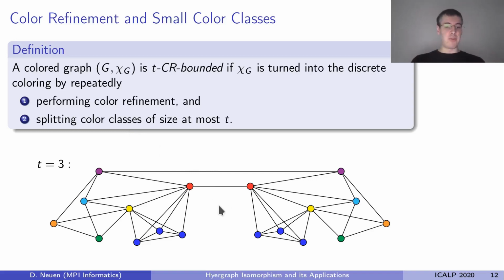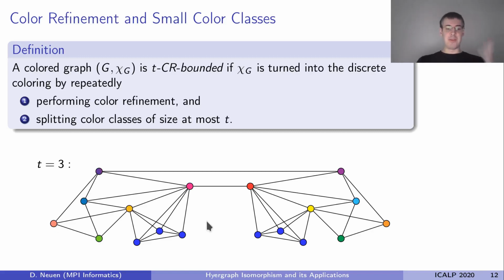This is the example from the previous slide, and we have already seen what the color refinement algorithm does here. This is the coloring that we obtain. So we have applied the first operation, and now we can apply the second operation, splitting color classes of size at most t, which in this example is set to 3. You can see here are a number of color classes that have at most this size. For example, the red color class has size 2. Similarly, the yellow, the purple, the light blue, the green, and the orange color classes are small.